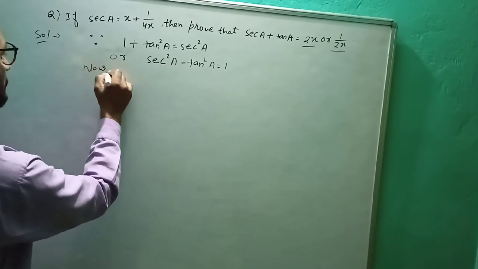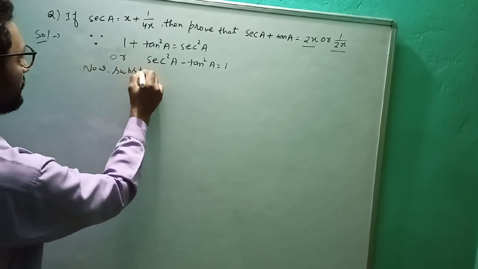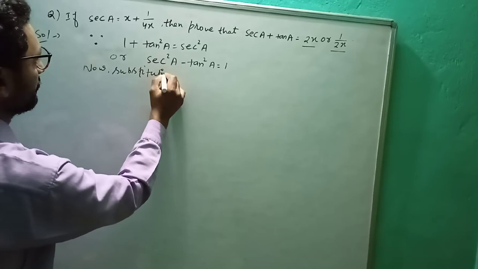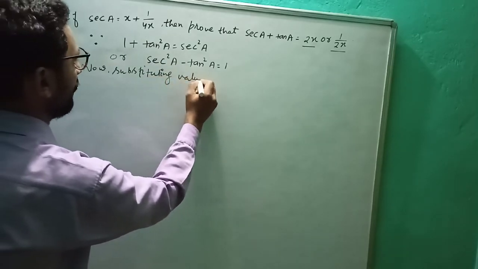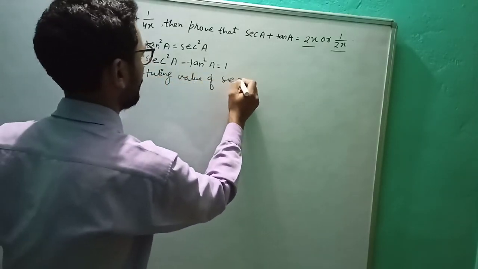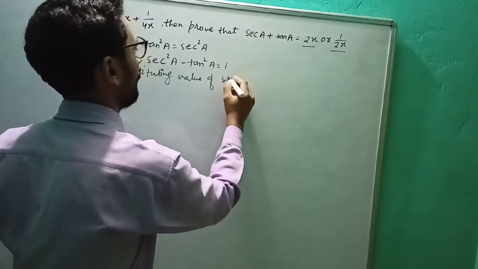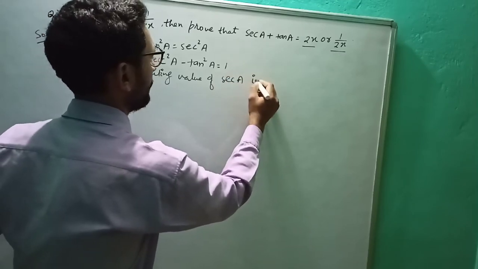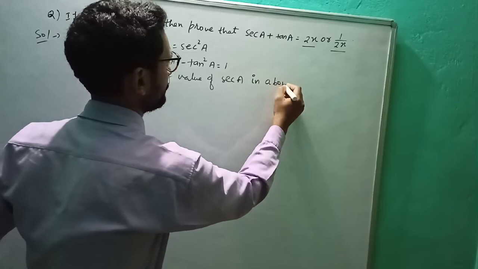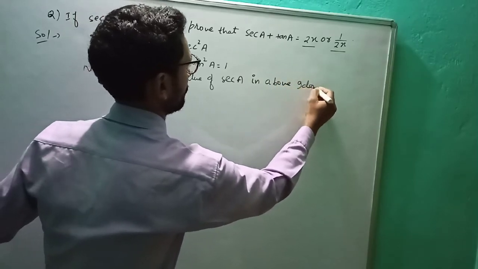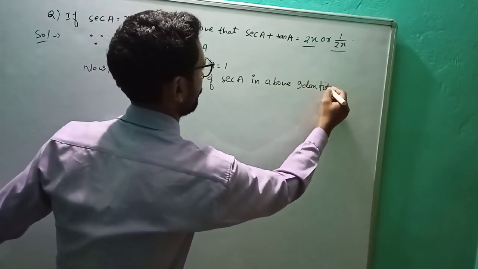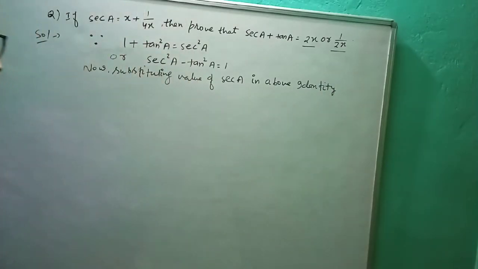Now, substituting the value of sec A in the above identity.